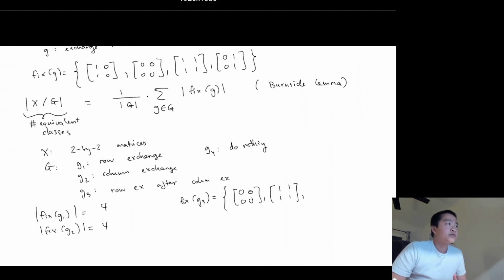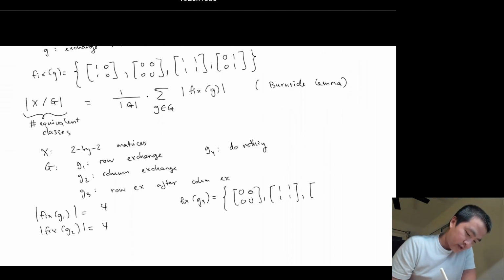So fix of G3 is 0, 0, 0, 0, 1, 1, 1, 1. 0, 1, 1, 0. 1, 0, 0, 1. And I think that's it. Let me see.